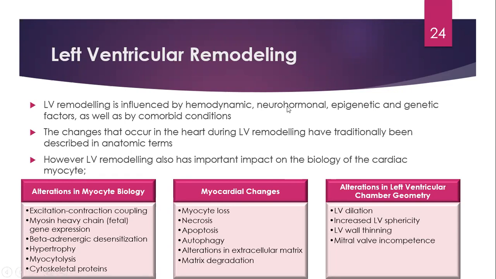So as we said, several factors from hemodynamic, neurohormonal, genetic and epigenetic factors, so changes in gene expression, as well as comorbid conditions, all contribute to remodeling of the heart. And even though traditionally we describe the remodeling based on the anatomy of the heart, several aspects apart from the anatomy of the cardiac muscle are also affected.